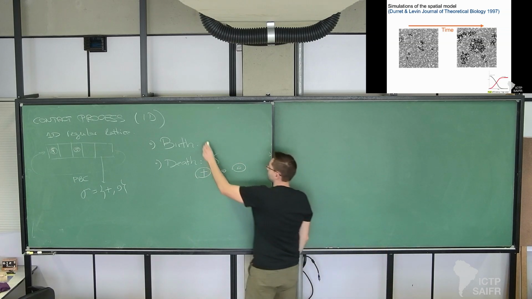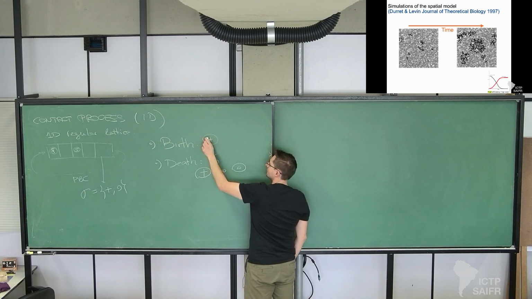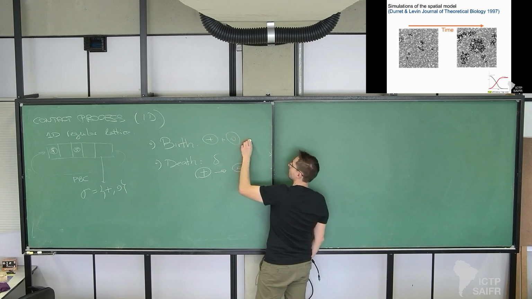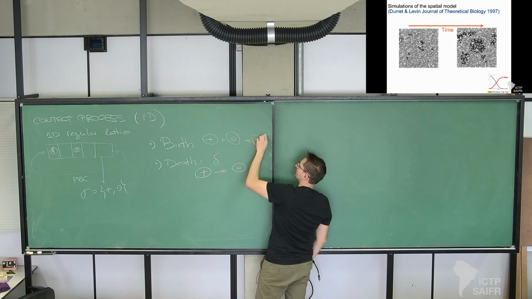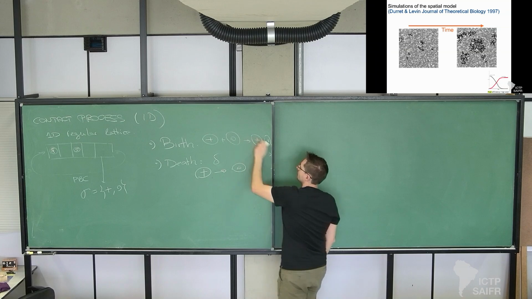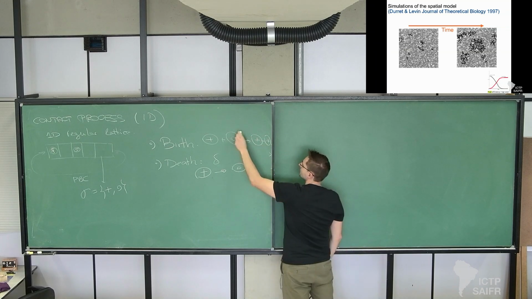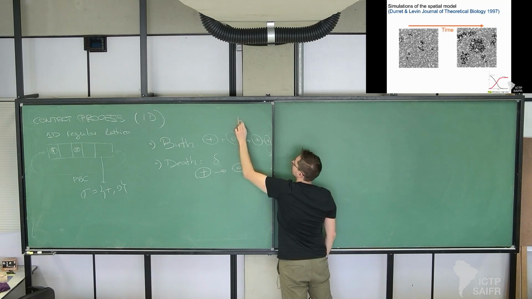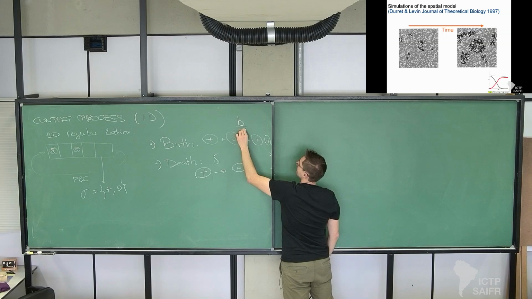And of course, for the birth, I will have that occupied places, when they are next to empty ones, can infect them at a rate that I'm going to call B divided by 2, because I'm in 1 dimension.